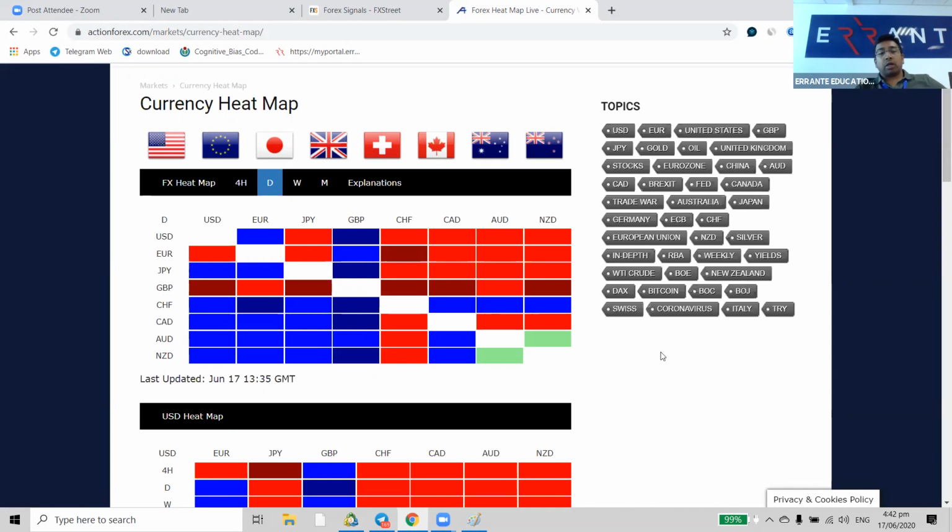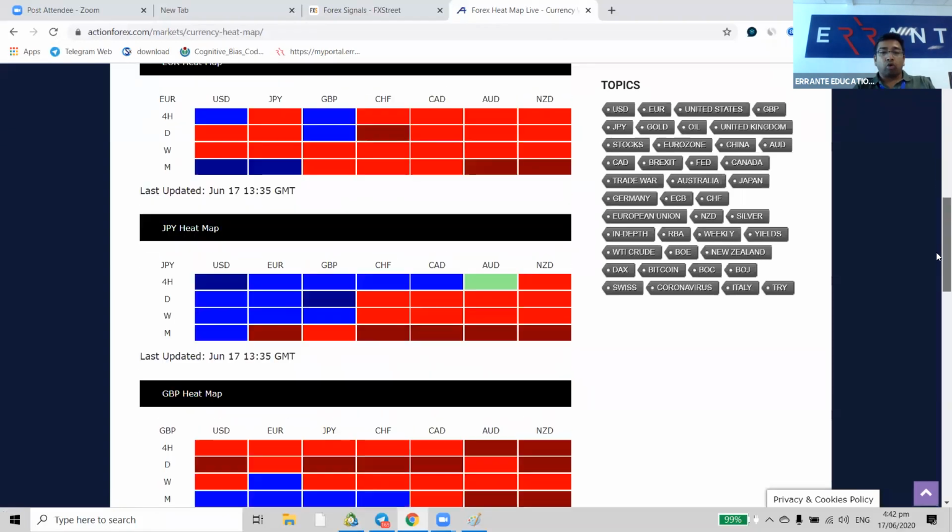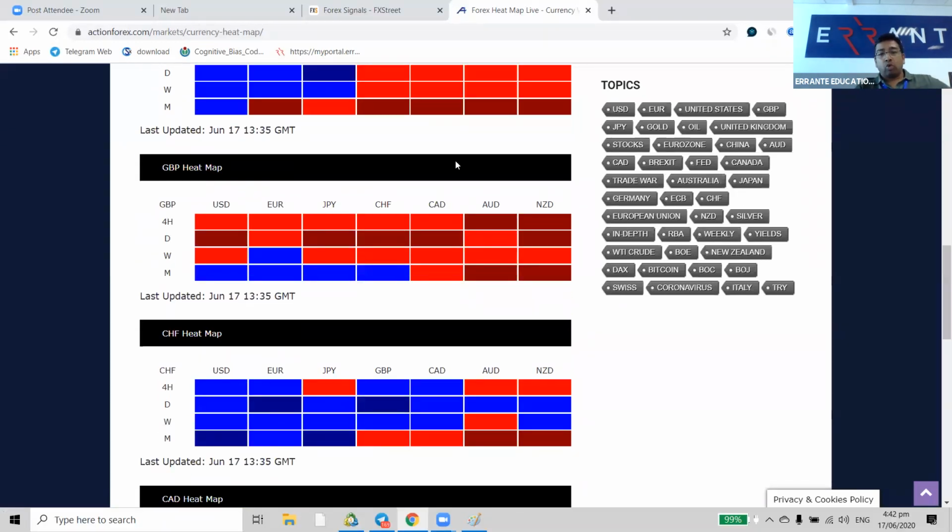Okay, so for example, if I were to use the heat map onto the pound, now look at the pound here, for example. Now the pound is on the left. Now the pound versus, you want to look at each one column, and you want to look at whether or not it's got steady type colors, not mixed between the blues and the red.